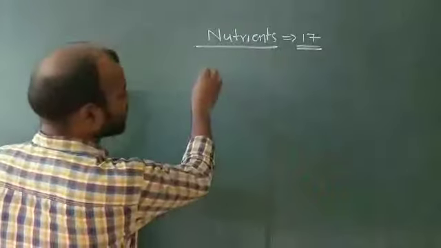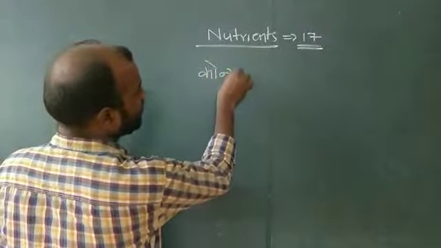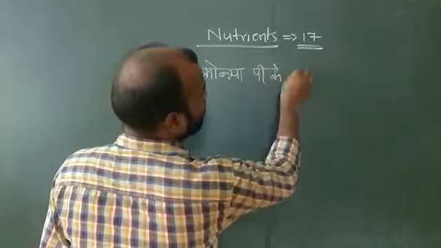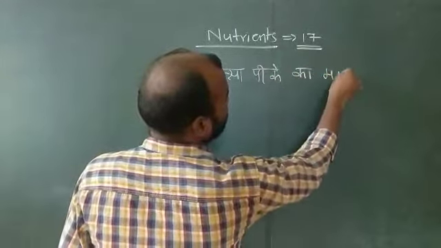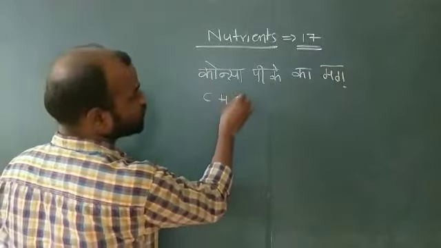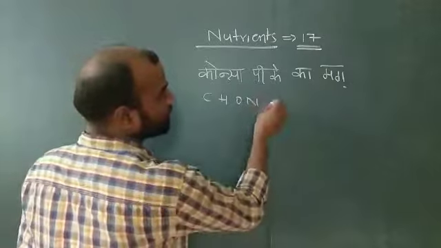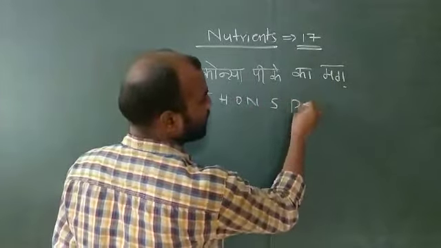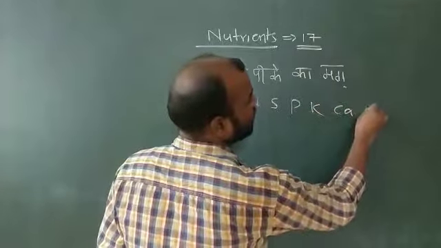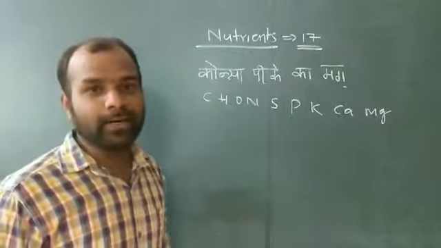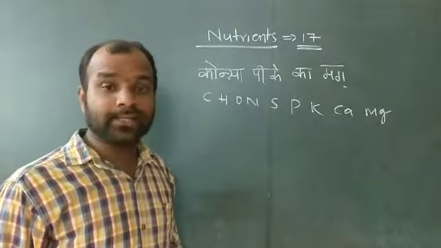Okay, so here nothing but "Kaun sa," CHON, "kaun sa PK ka mug." These are the 9 elements which the plant utilizes as nutrients.